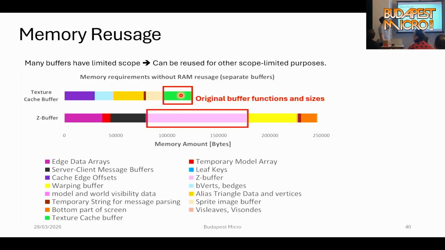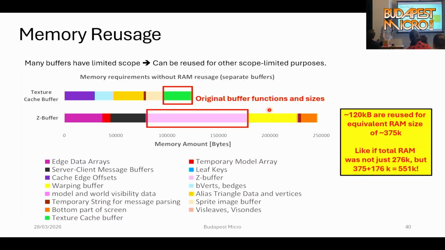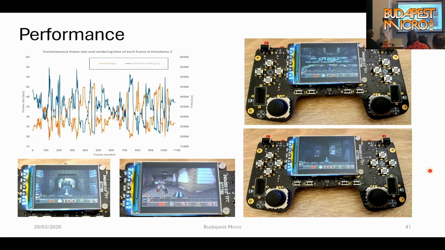But when we don't need the Z buffer or the texture cache buffer, we can use them for many other purposes. So basically, 120 kilobytes are used for an equivalent RAM size of 375. Taking into account that we have 276 kilobytes of RAM, it's like having basically double the amount of RAM. And what about the performance?